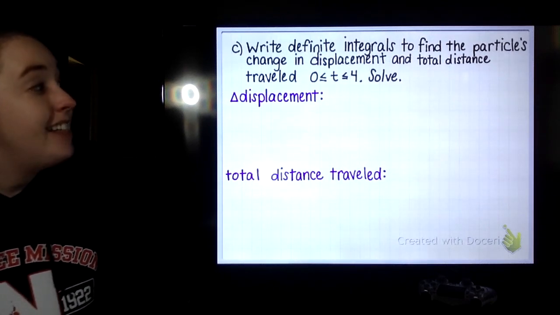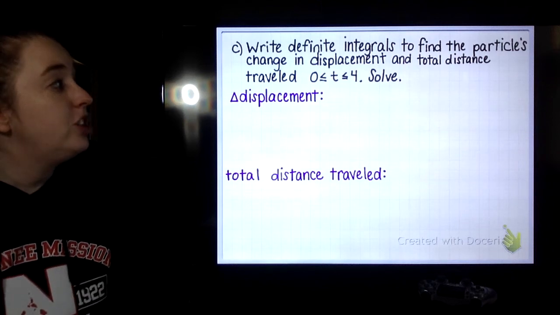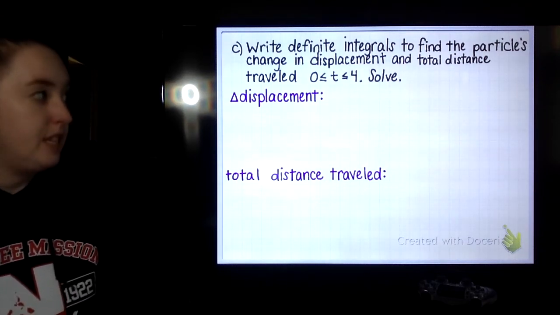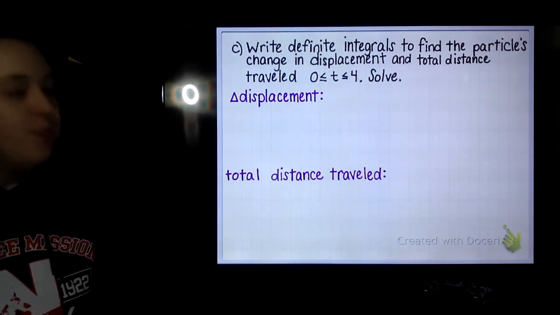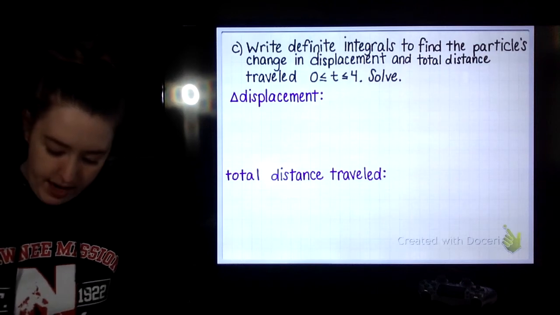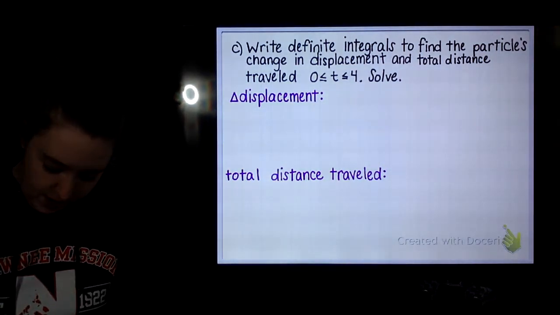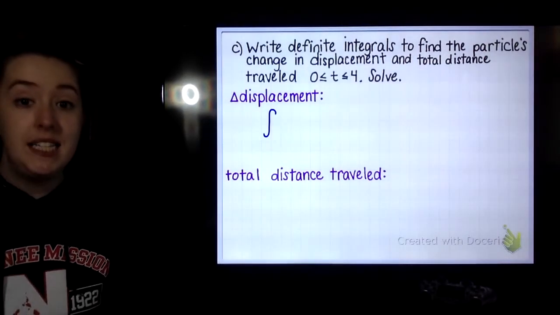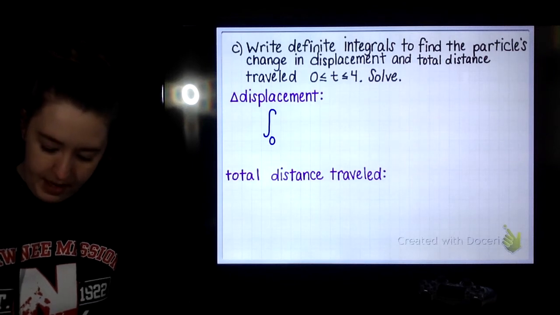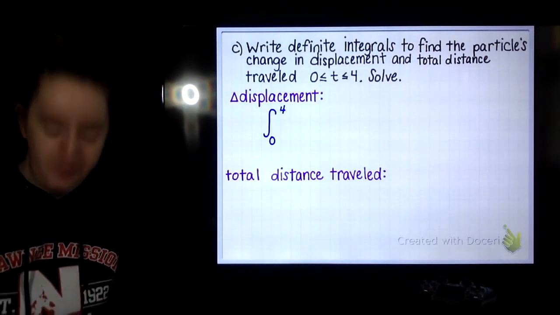So we want to write a definite integral, 2 definite integrals, to find the particle's change in displacement and total distance traveled from 0 to 4, and then solve. So if you remember from just before this, we had our integral to find the displacement from A to B. So in this case, our A is 0 and our B is 4, or T1 is 0 and T2 is 4.